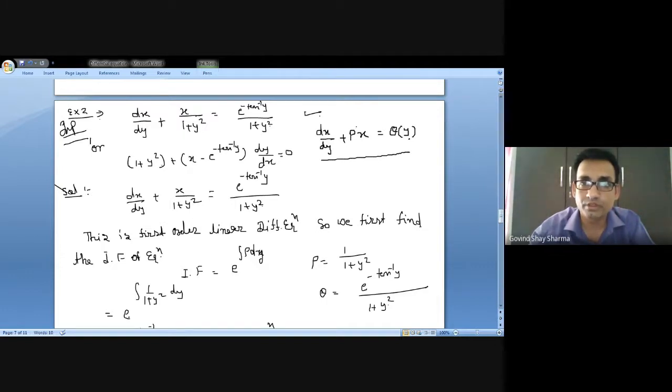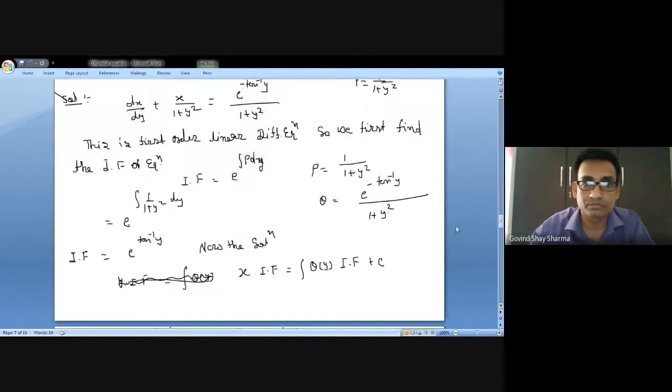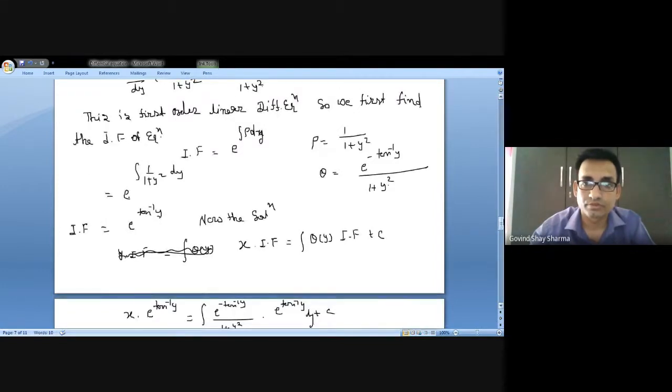Here P is 1 upon 1 plus y square. Okay. So IF is equal to e to power integration of P dy, and Q is e to power minus tan inverse y upon 1 plus y square. We can write the solution.